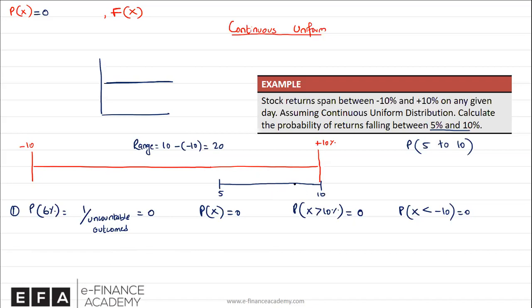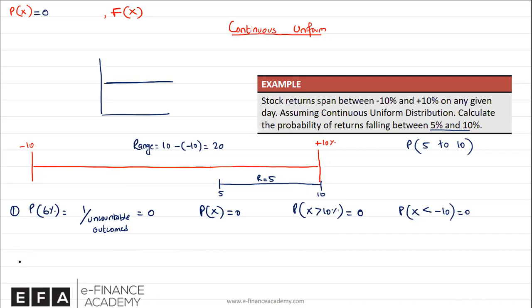Now, if we get the range of our interval, which is between 5 to 10, the range of the interval will be 10 minus 5, which is equal to 5 units. Now, how can we find the probability that a return could fall between 5 to 10, which is a cumulative probability, out of a total range of 20?